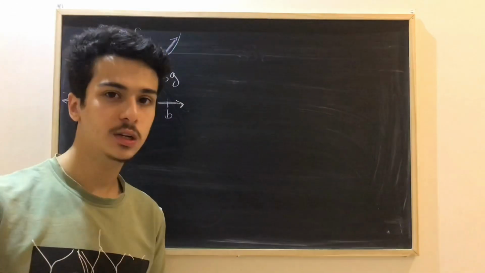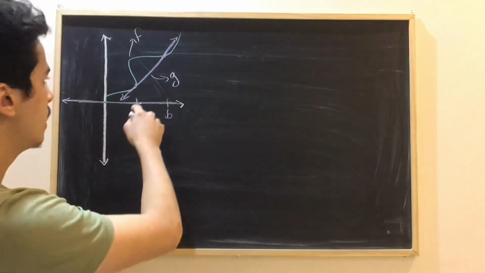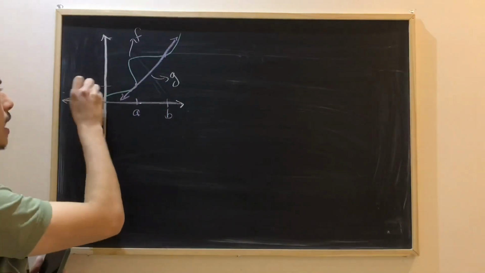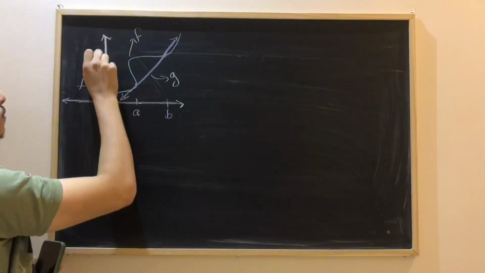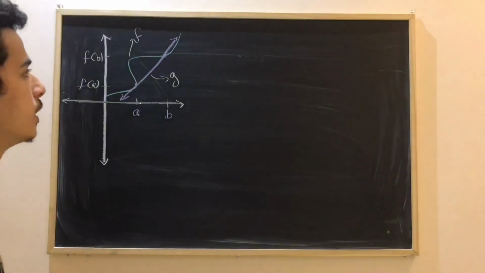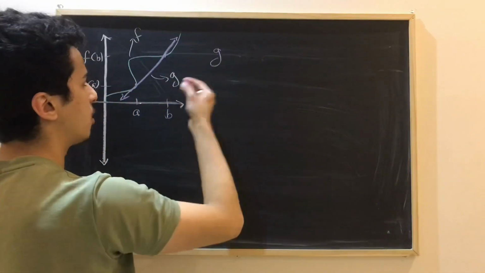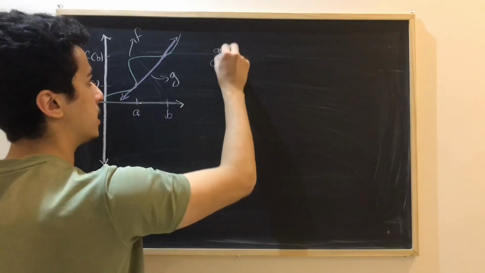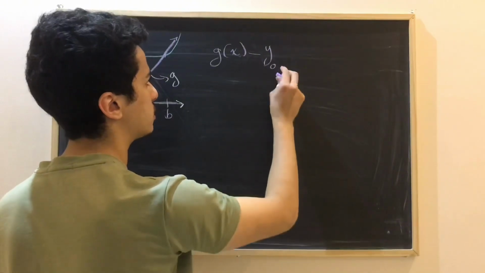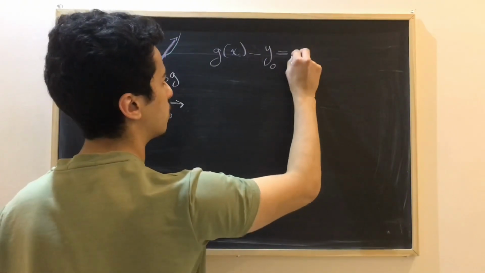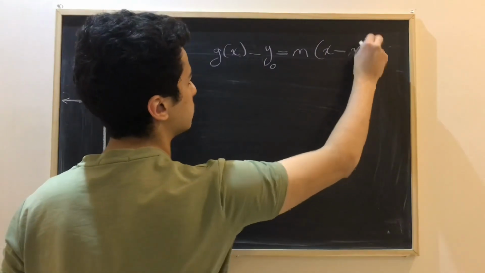And so to construct an equation for a line, we need 2 points. And we have precisely that. We have a, f of a, and b, f of b. Very good. And so let's use the point-slope form of the linear equation, g, our function. Let's say it's a function of x, g of x minus y naught equal to m, the slope, times x minus x naught.